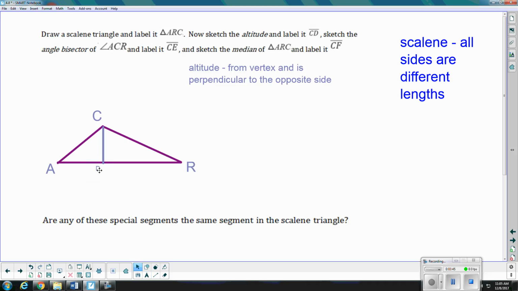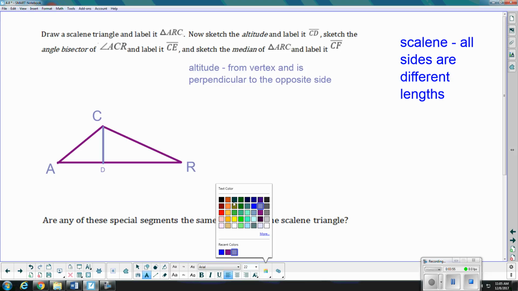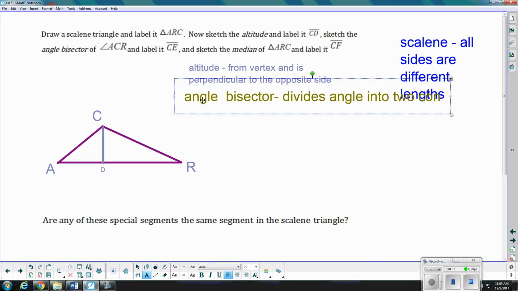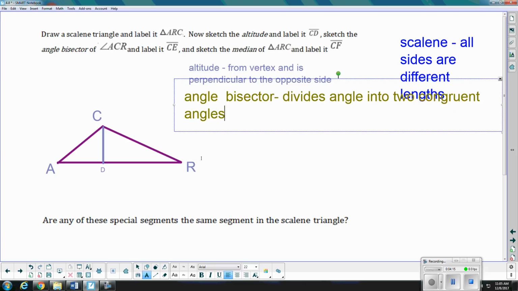All right, now the second step is to sketch in the angle bisector. So we'll do this one in kind of that greenish color. All right, so the angle bisector cuts or divides an angle into two congruent angles.